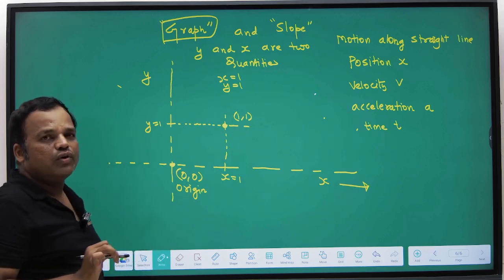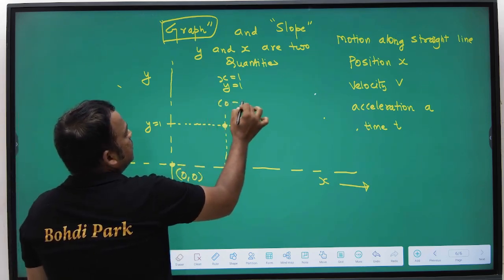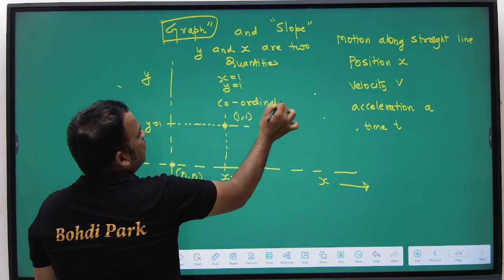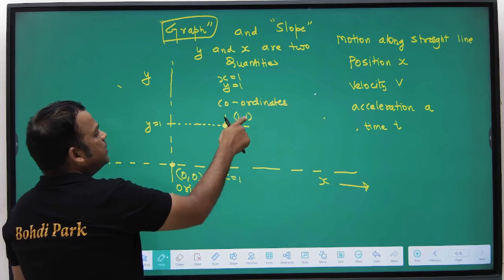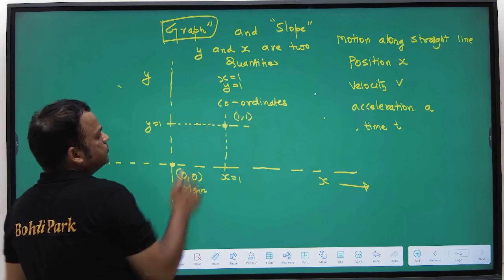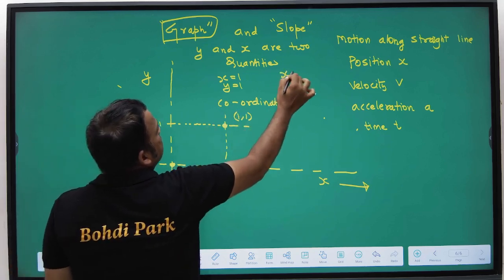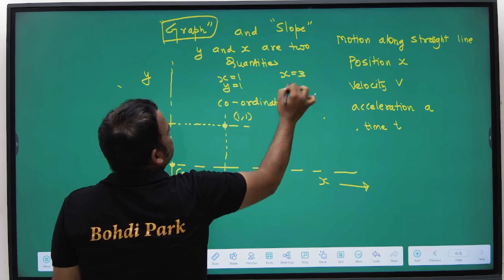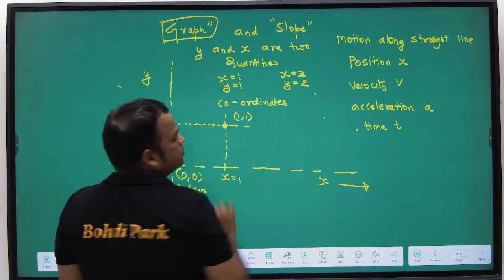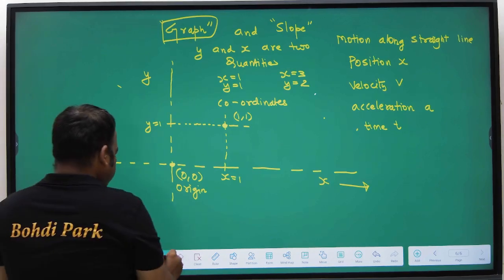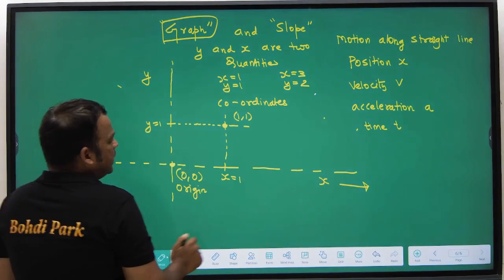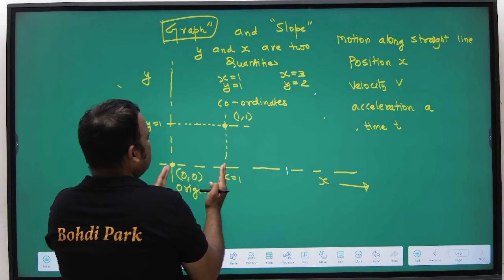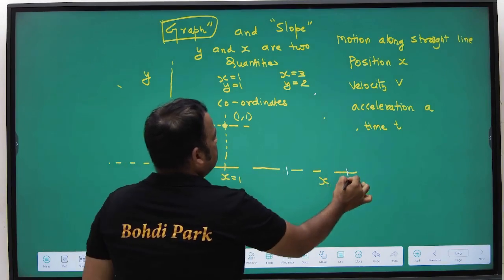So we call it coordinates. Coordinates means the value of x and y together. And suppose we are given x is equal to 3 when y is equal to 2. So we will consider the point x. So this is x equal to 1, then this is 2, so 3. So 3 will be somewhere here.